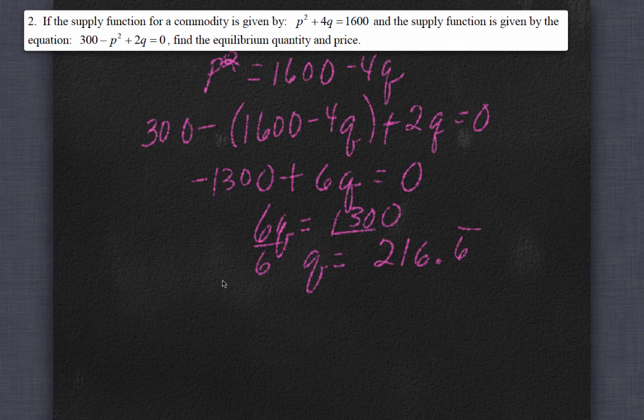Hope I didn't delete a solution by substituting for the p squared. I'm going to go back and do it over just to make sure. But right now I get 217 because quantity has to be a whole number. And then that means that p squared equals 1600 minus 4 times 217.